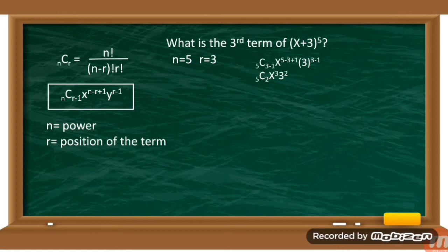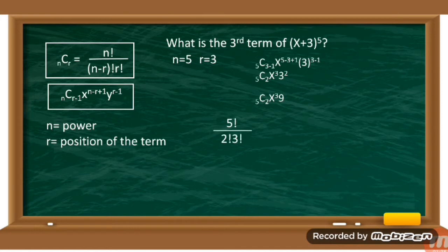Then, i-square muna natin yung 3 which is 9. Sunod naman is gagamitin na natin yung formula na to. Isa-substitute natin yung 5C2 dito sa formula na to. So, we will have 5 factorial all over 2 factorial and 3 factorial. Yung 5, yung n natin, yung 3, yung r natin, yung 2 factorial naman is 5 minus 3 is equal to 2.